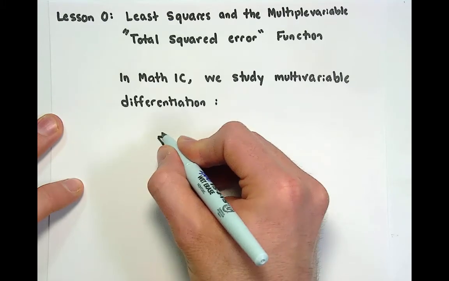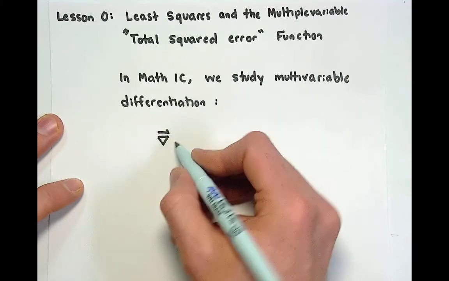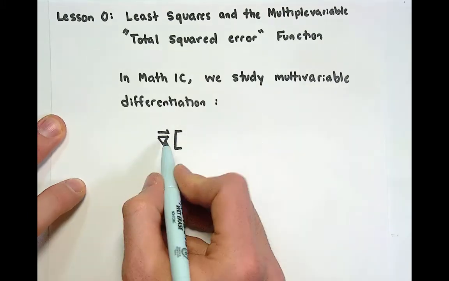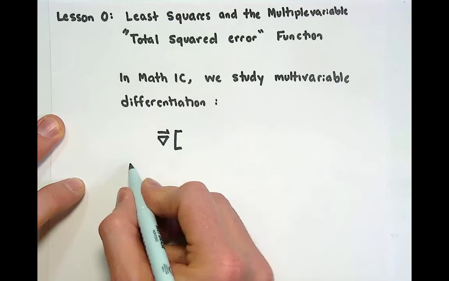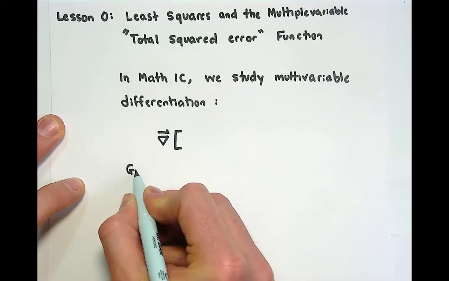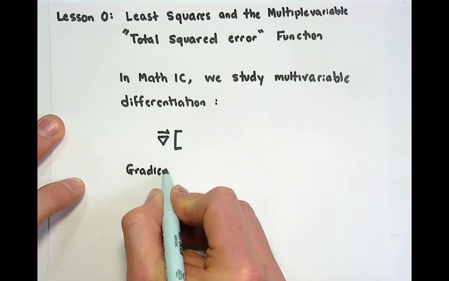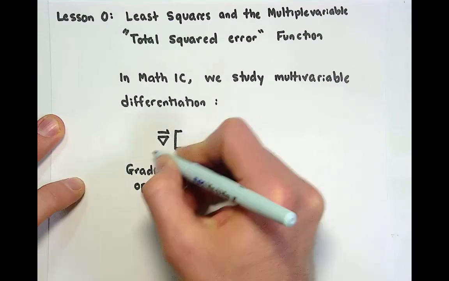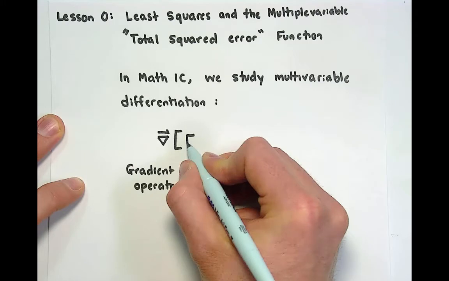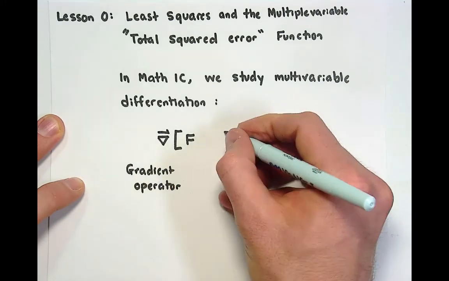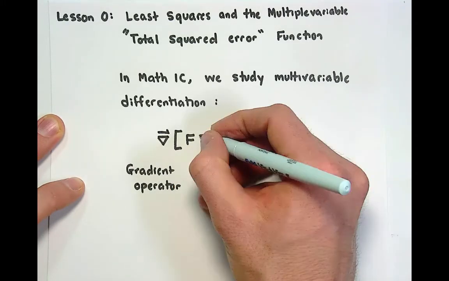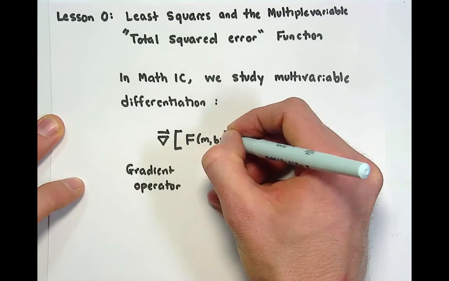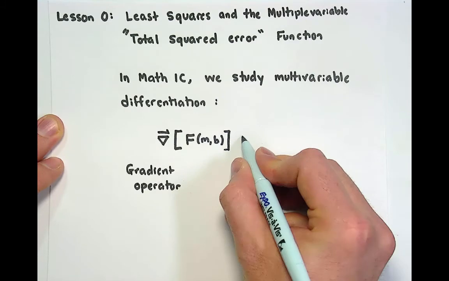This is the forward problem of multivariable calculus in the sense that we apply the derivative, aka what we know as the gradient operator, to a known multivariable function. And in this case, I'm going to call the input variables m and b instead of x and y.